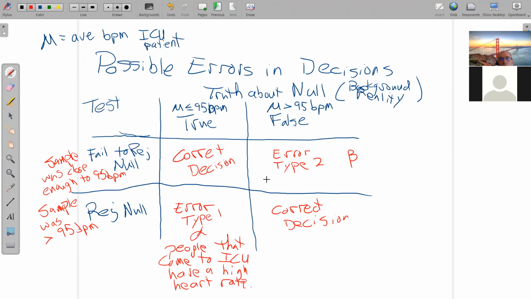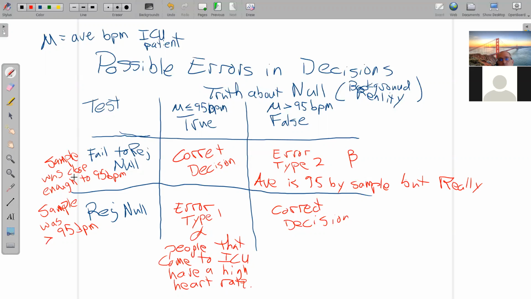So here, the average is 95 by sample. So our sample suggests that people that go to the ICU don't have a higher heart rate. So let's see, but they really do. Because the null, let's see, no, I'm not analyzing that right. Something went wrong there.